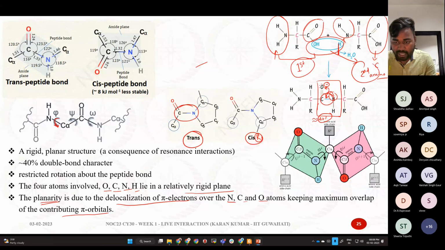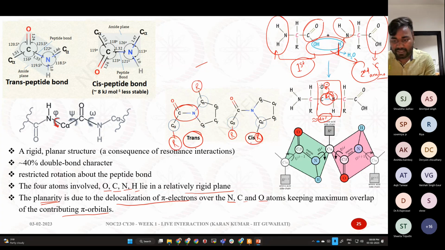One R group is there, then another R group is there. Due to the rigidity, if proline is attached to a peptide bond, then the trans form will be more appropriate, because there will be less steric hindrance between the R groups attached to the C alpha carbon.